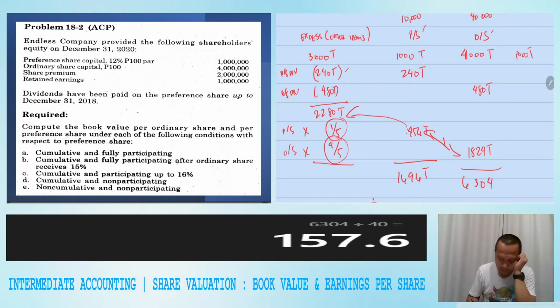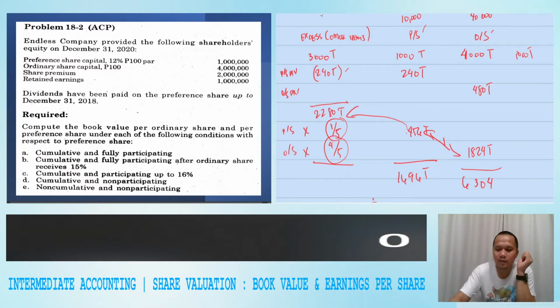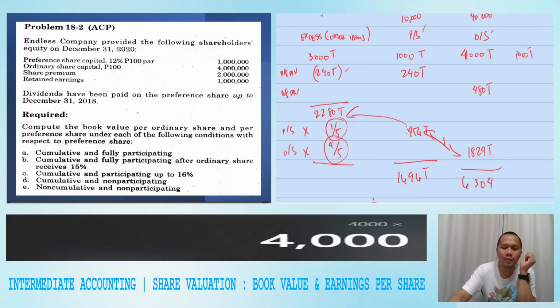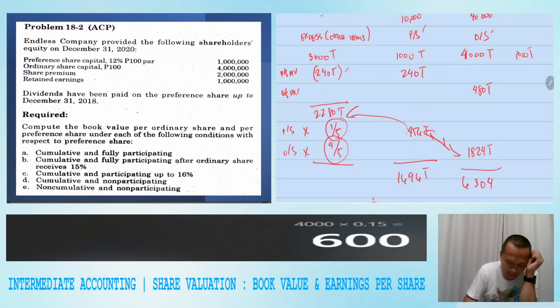But when we get to the ordinary share privilege, what we will use there is 4 million multiplied by 15%. So that is 600,000.